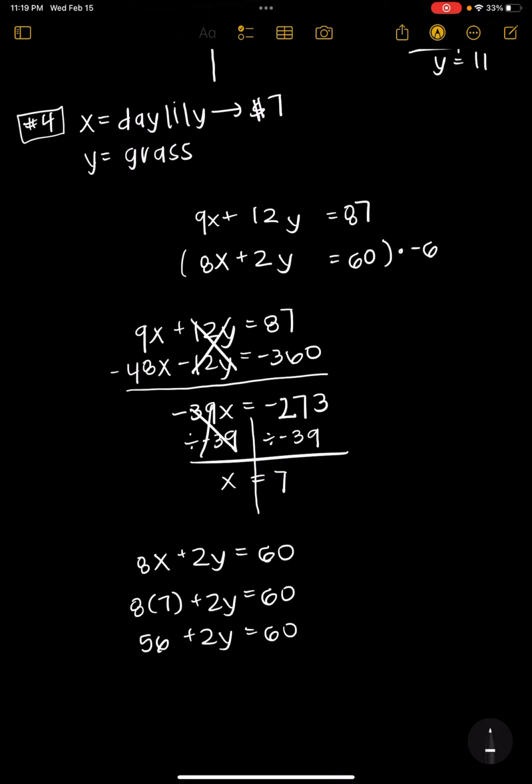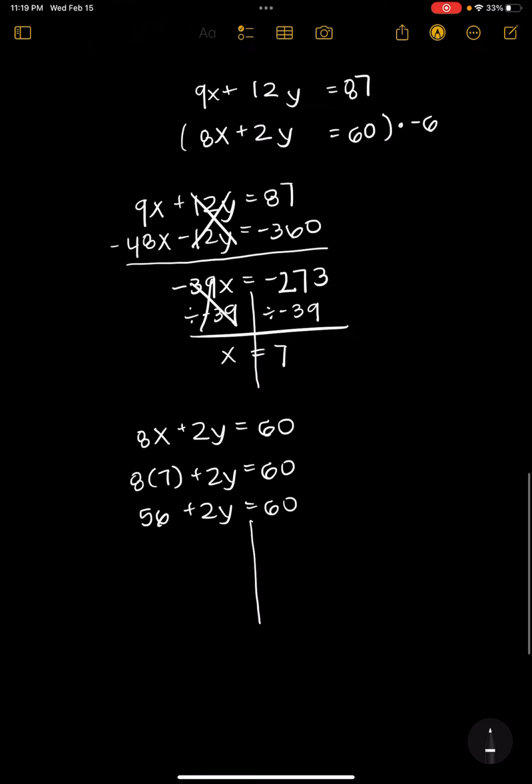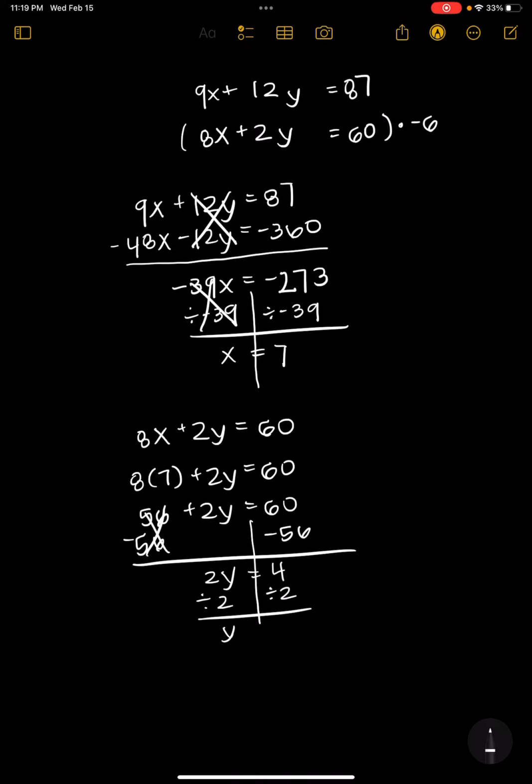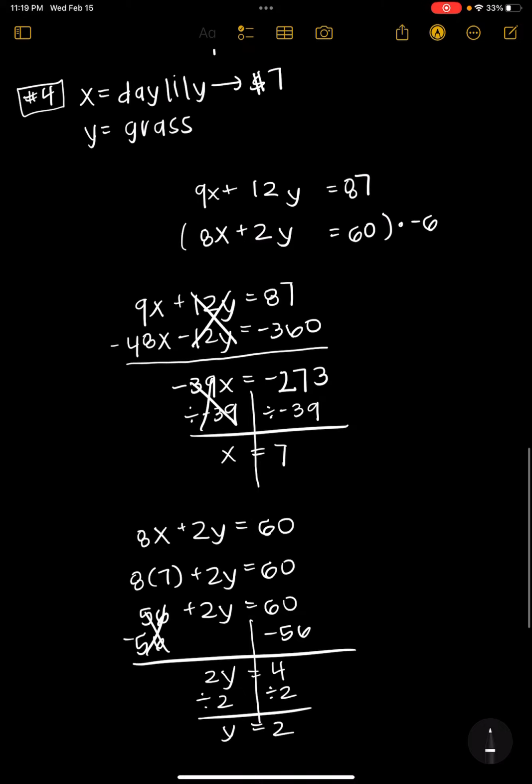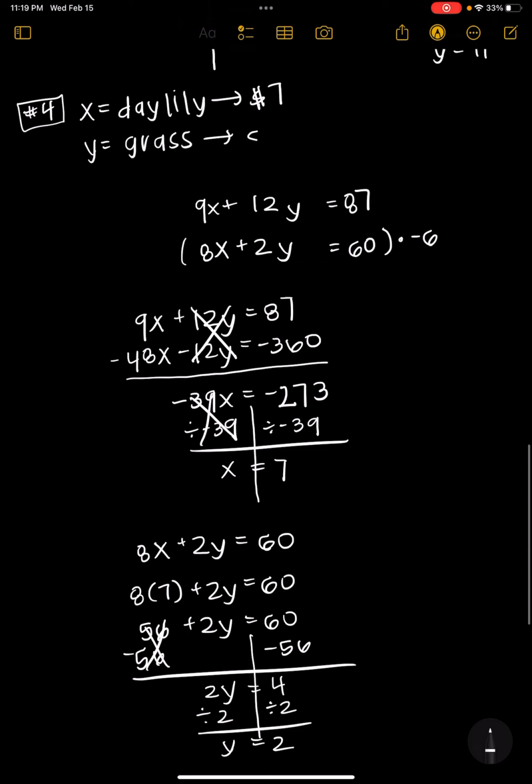Then I want to solve for y, I would subtract the 56 from each side. It cancels out over here. I'm just left with 2y. 60 minus 56 gives me 4. Then I'm going to divide each side by 2. I get y is equal to 2, which means that the grass is worth $2 each. And there we have it, how to solve systems of equations word problems.